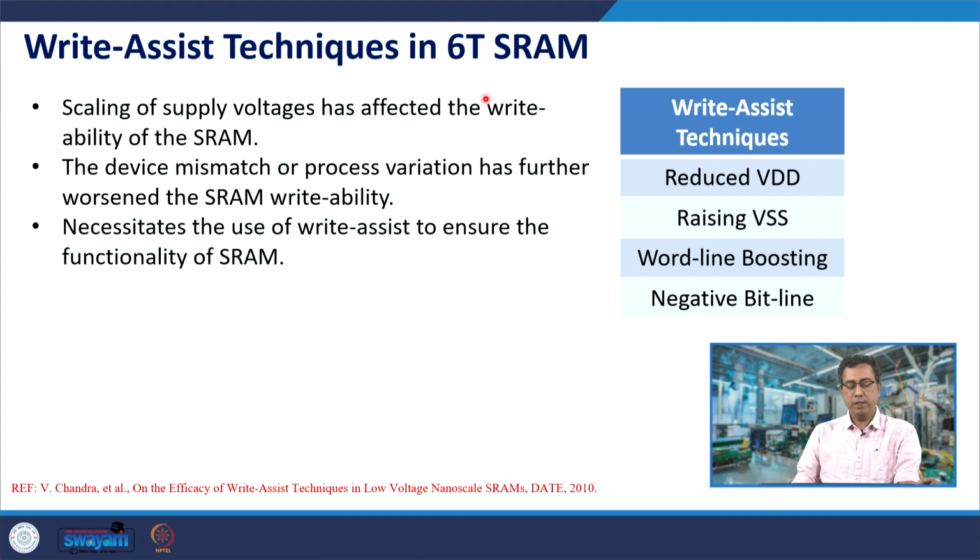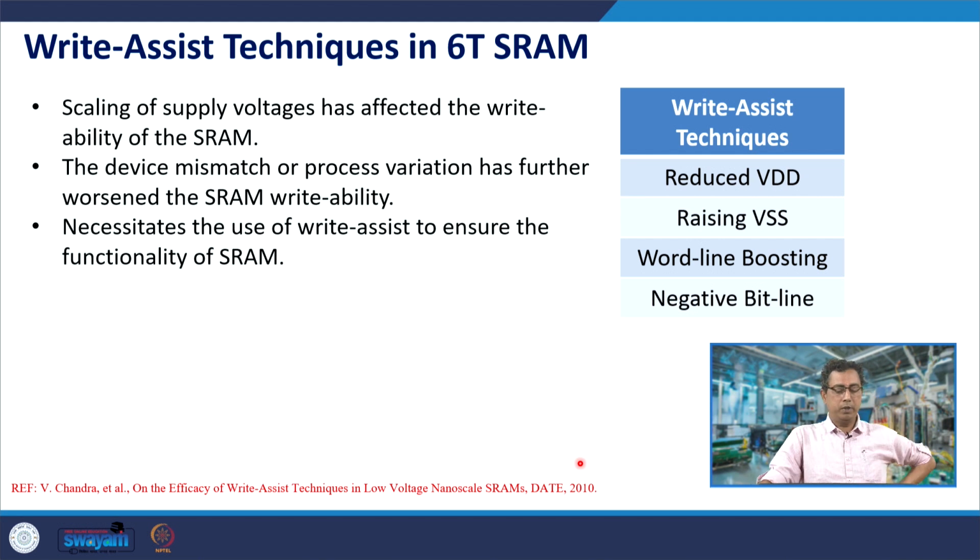So, what we observe is that scaling of supply voltages or scaling of technology increases the WL critical value, and this is all there in this paper. The previous results that I was discussing are also all discussed in this paper.